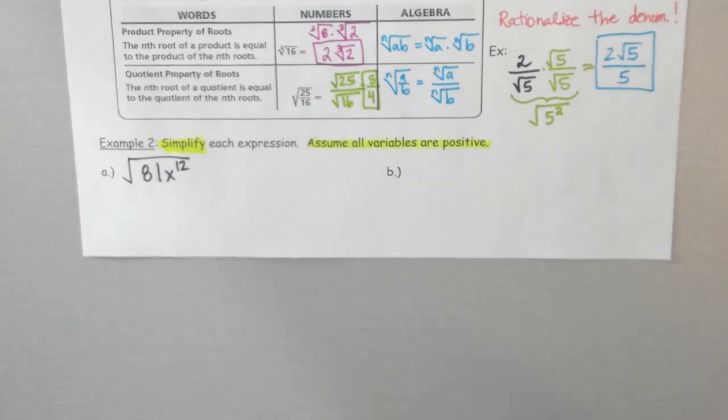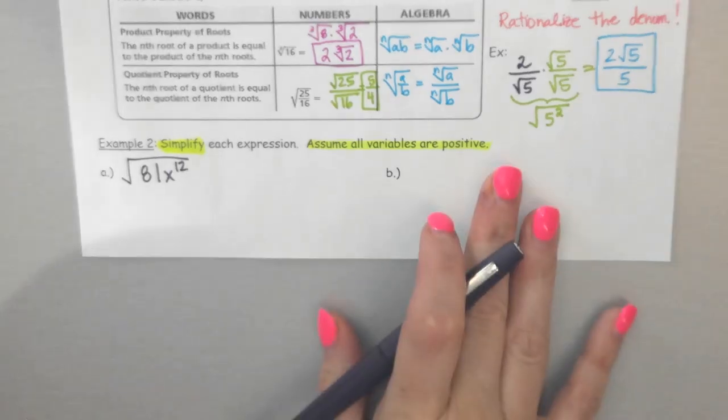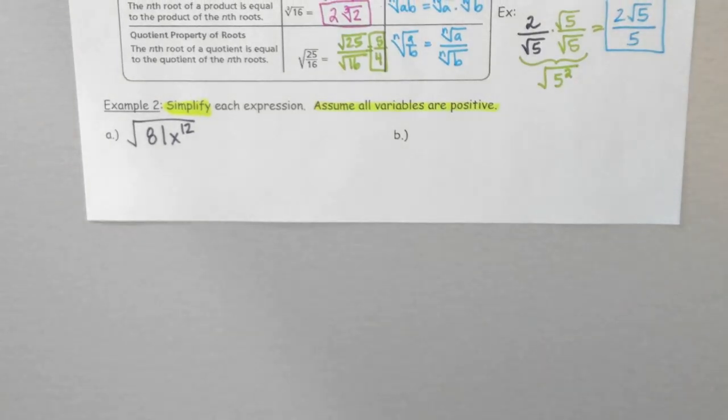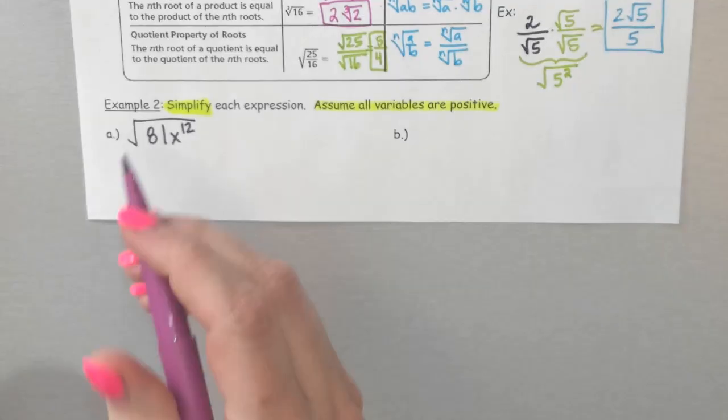Okay, so we're going to start off with a square root. We have the square root of 81 x to the 12. I'm going to walk you through this one, so just stay with me. The first part you are going to know how to do.